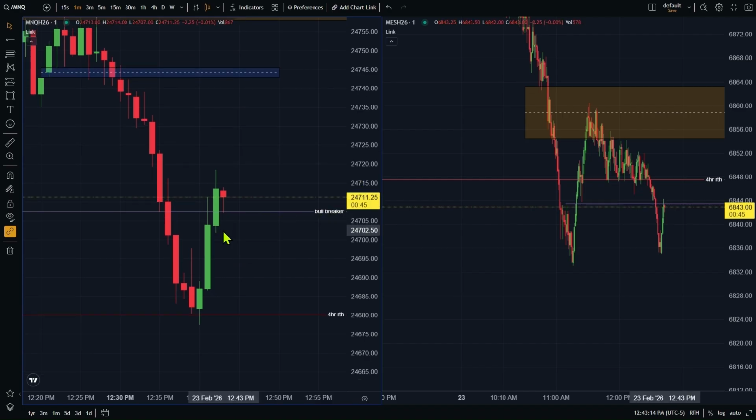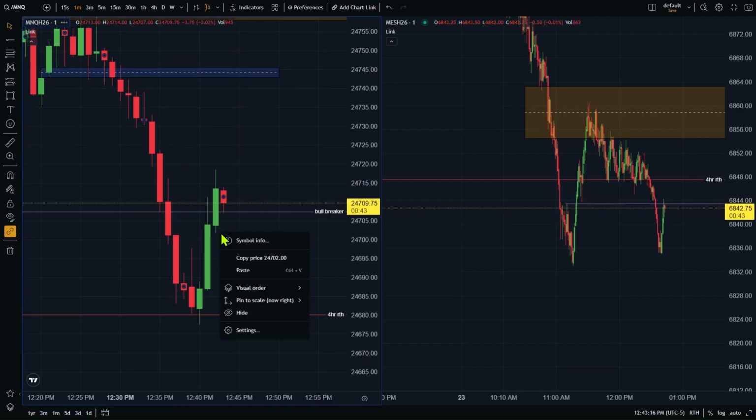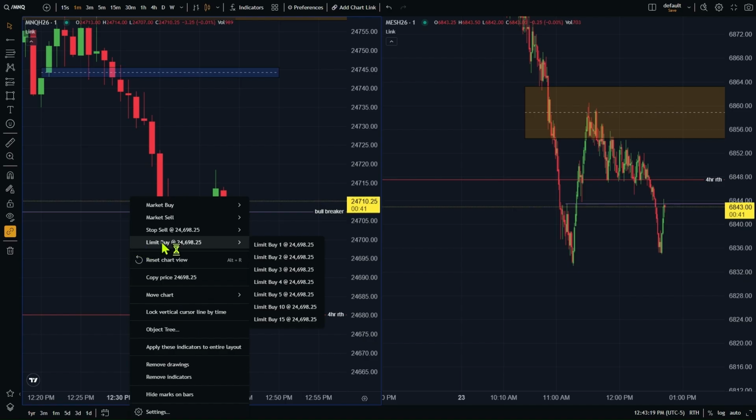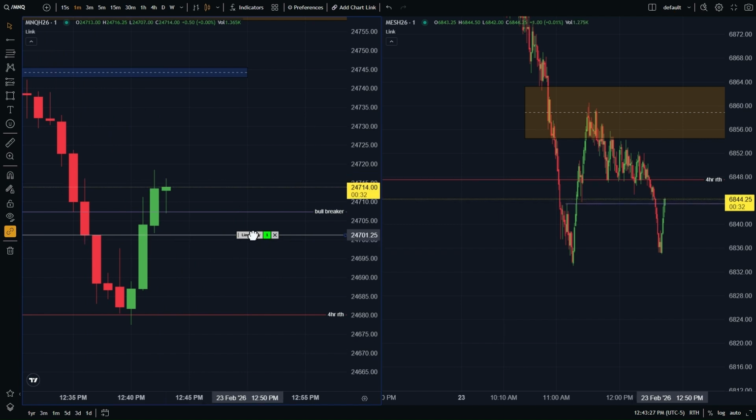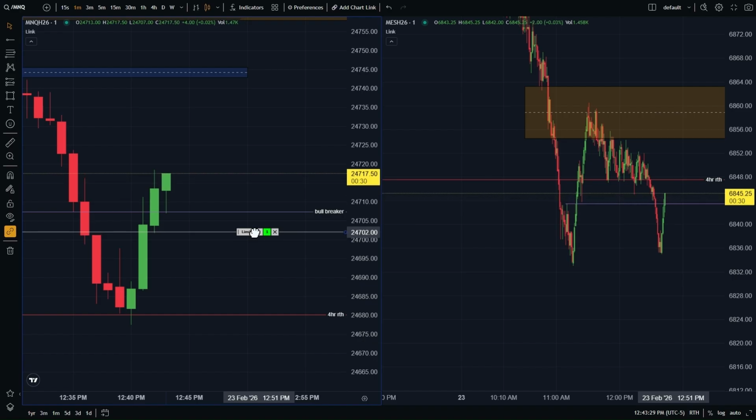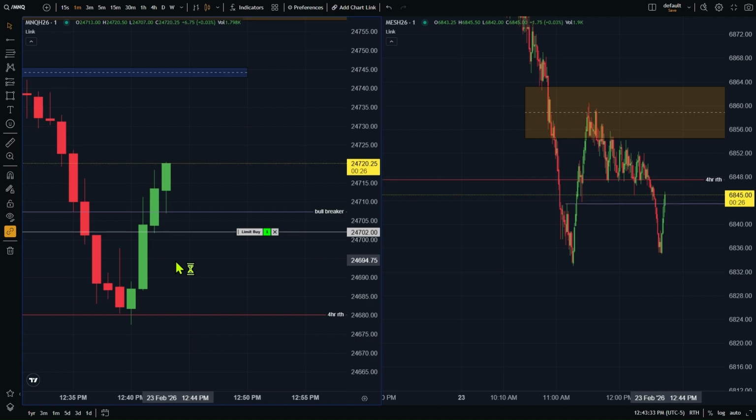I think I'm going to try this one right here. Just going to buy one, a tick above the low of this candle. May not get filled. This may just be a rip.